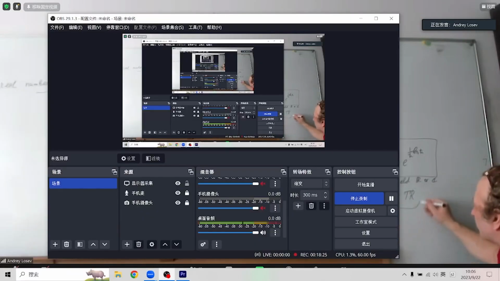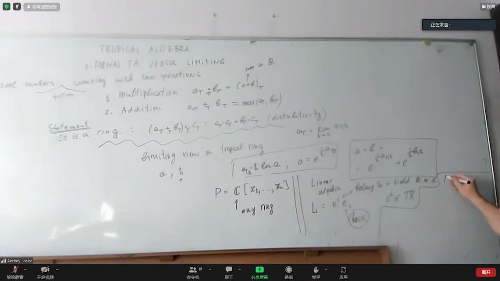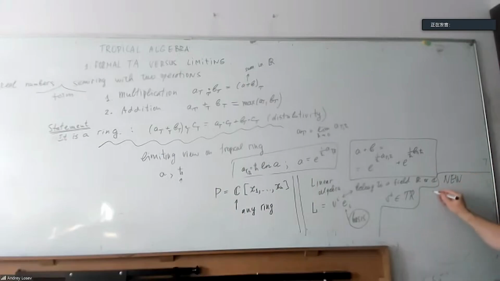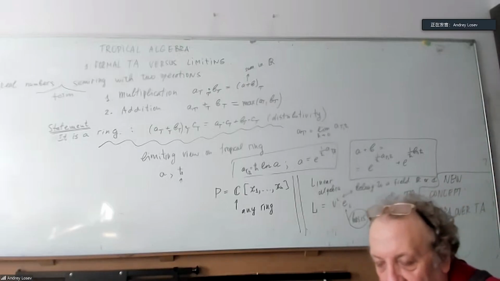So I have a new concept. It is a tensor algebra over TR. Okay?